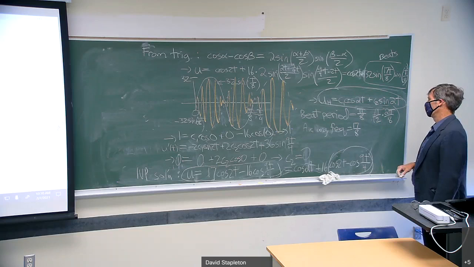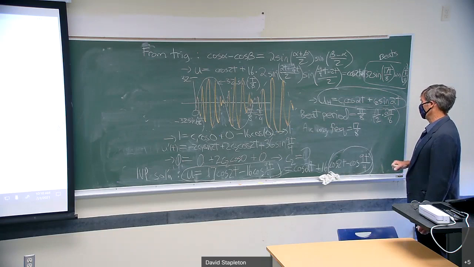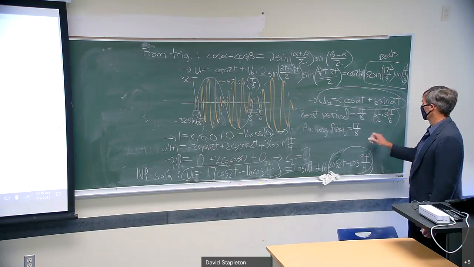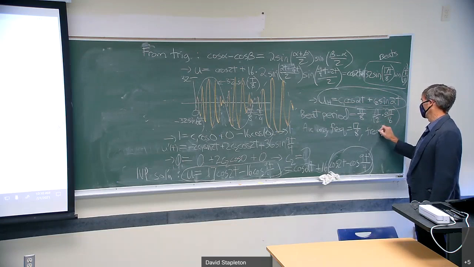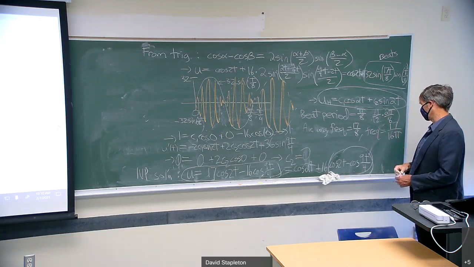And you divide that by 2 pi, you get the frequency. Frequency 17 over 16 pi. You divide by 2 pi to convert between frequency and angular frequency.